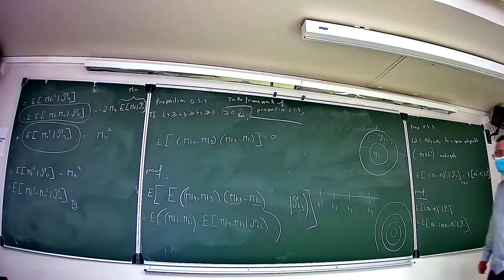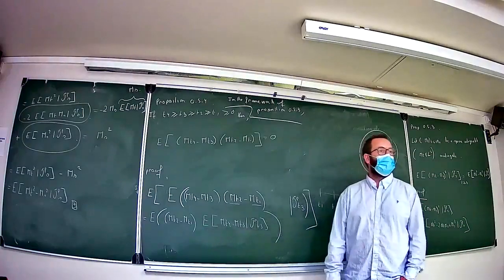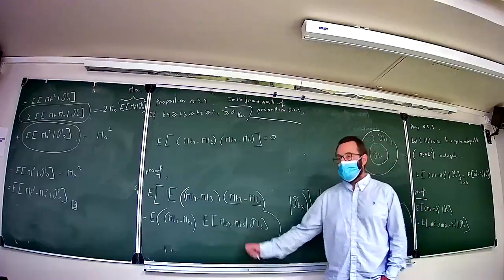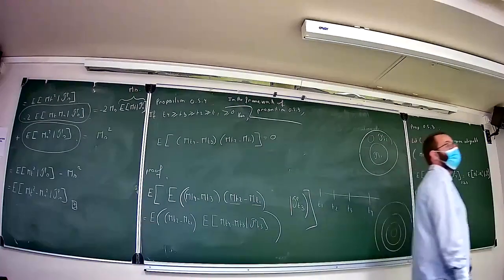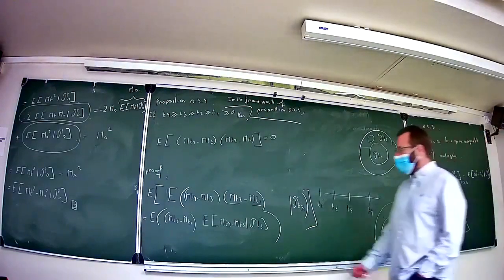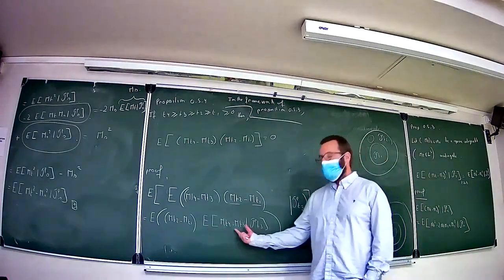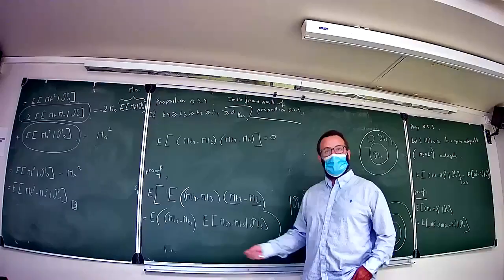It is a martingale, so what is this conditional expectation? Zero. It is MT3 minus MT3, 0. It's the definition of conditional expectation. If you take the conditional expectation of MT4 given FT3, you obtain MT3.